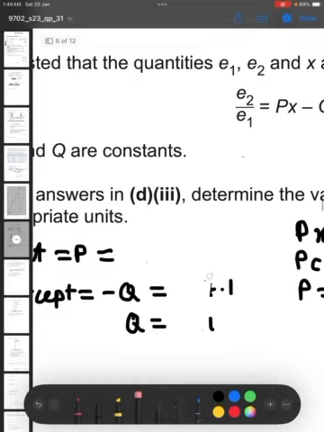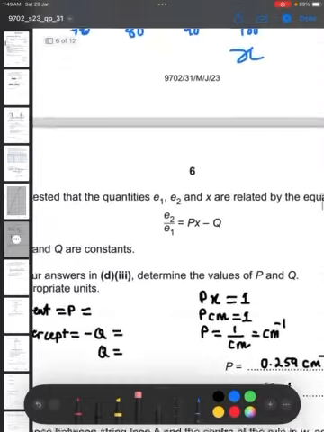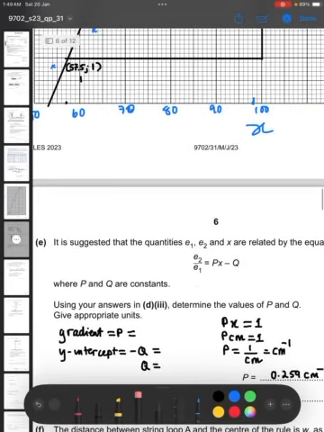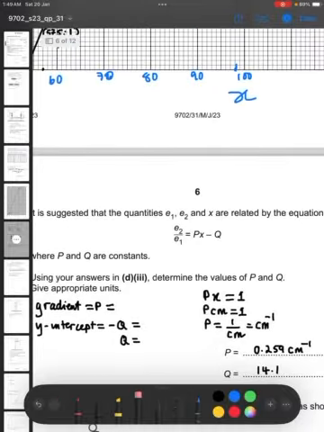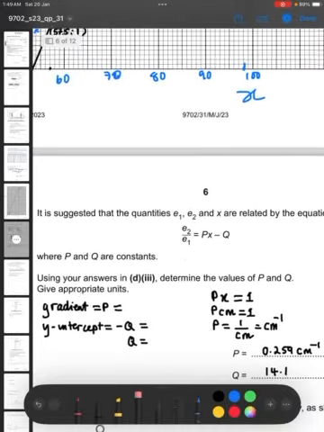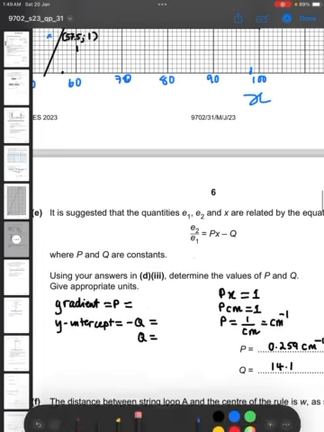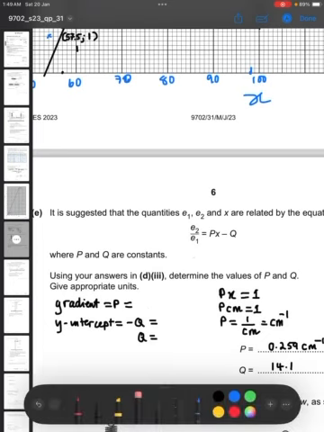So when you come to this question, it says it is suggested that E1, E2, and x are related by the equation E2 over E1 is equal to Px minus Q, where P and Q are constants. Using your answers to D3, determine the values of P and Q. Our answers to D3 were the y-intercept and the gradient.